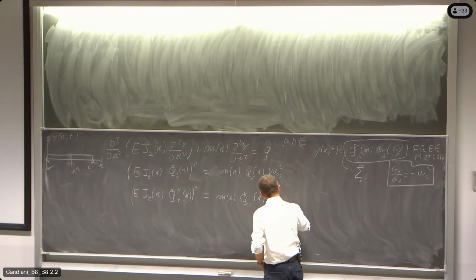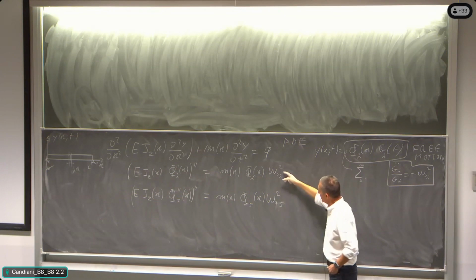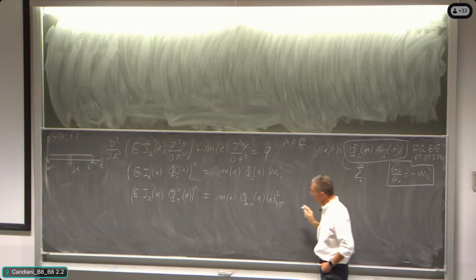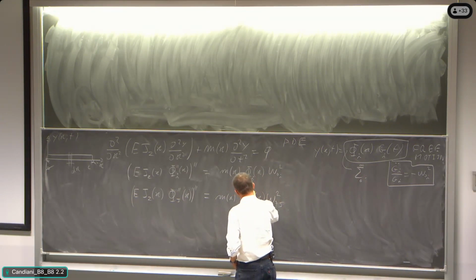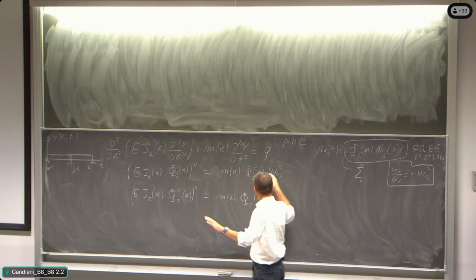And be careful, here I have omega 0i, here I have omega 0j. The only difference is that this is function phi j, and this is function phi j, and that's it. This is equal to that.